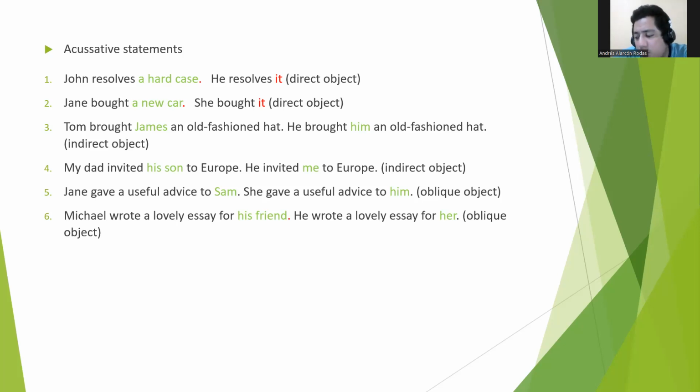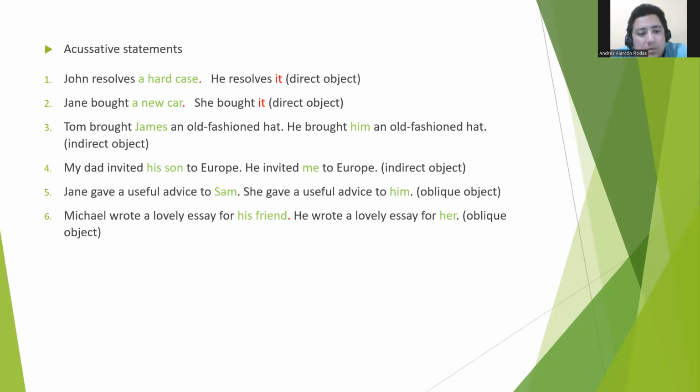What I understand about government basically are the rule and the condition. For example, if I'm using a direct object, for obvious reasons, previously I need a verb. If I change it, let's focus using the accusative statement. And using this example, number 5, they gave me useful advice to Sam.